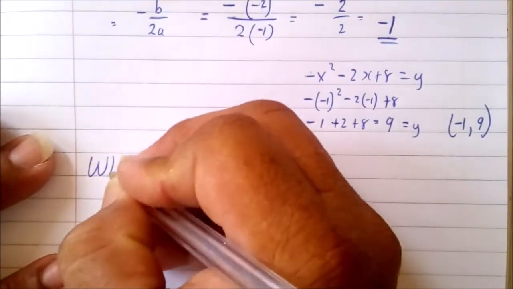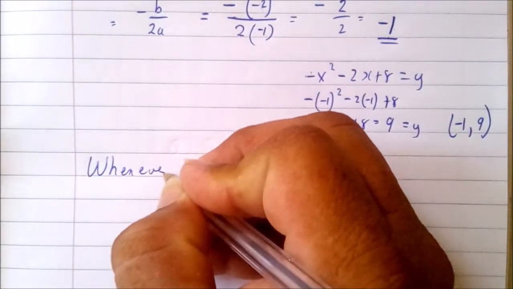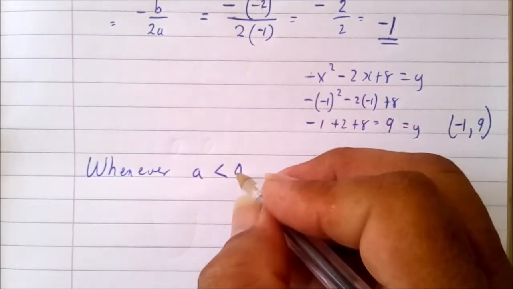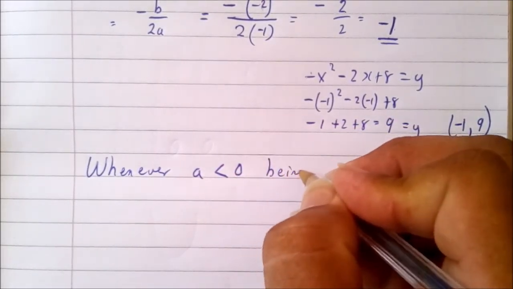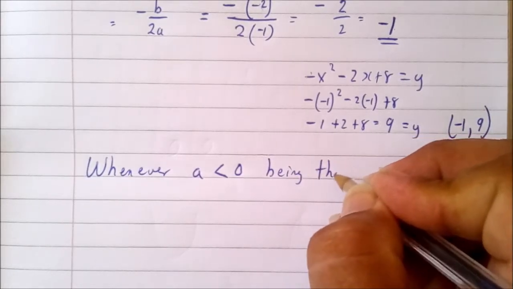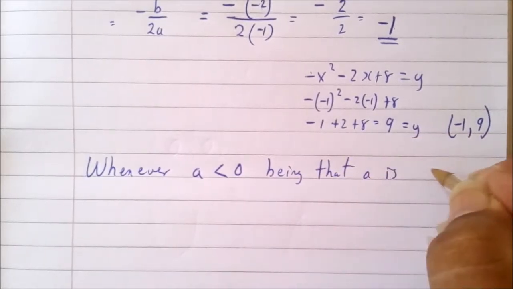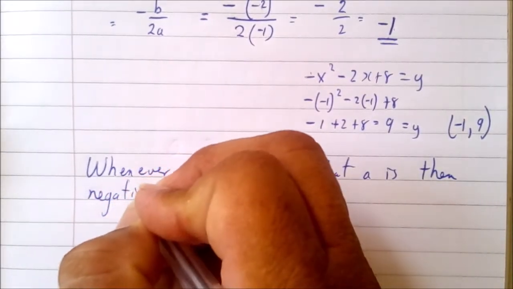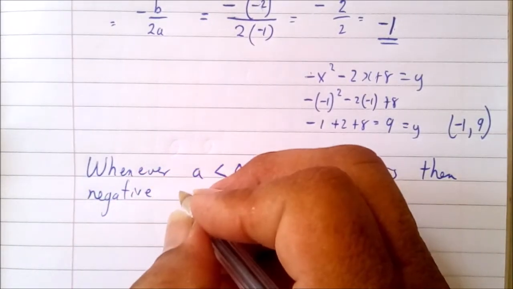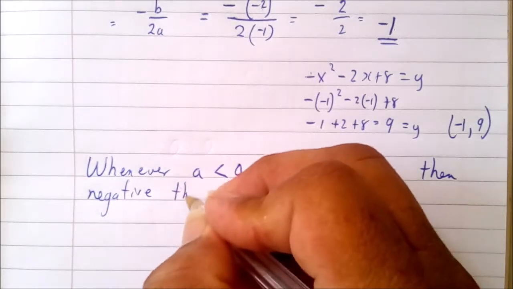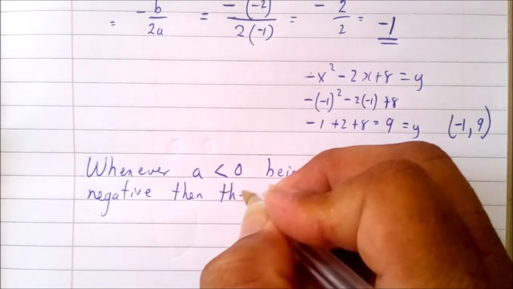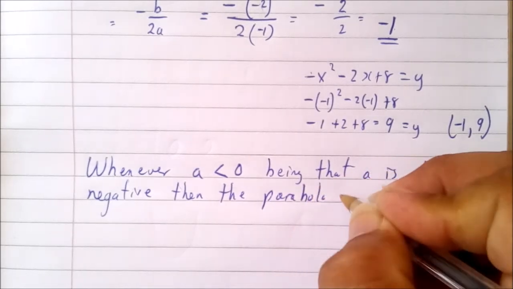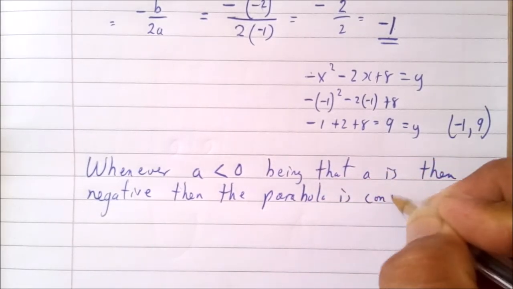Whenever a is less than 0, being that a is then negative, okay, then the parabola is convex.